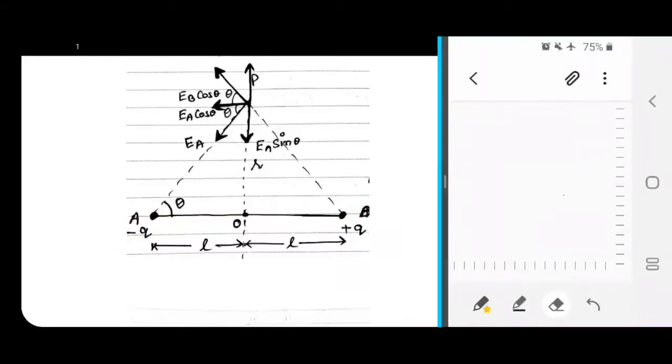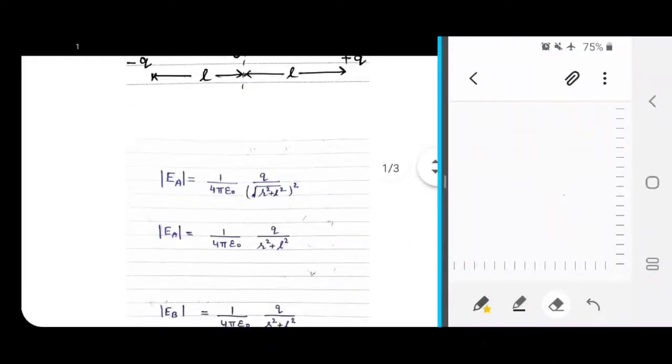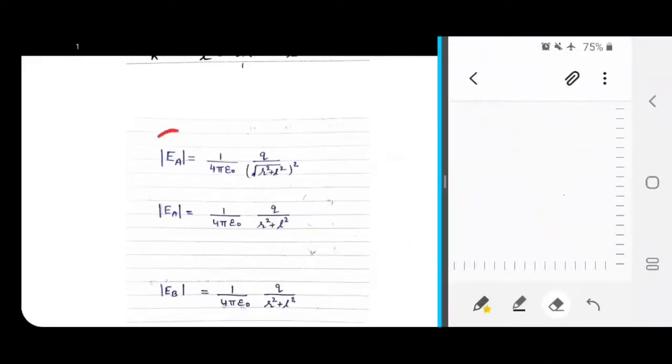As the charges are the same in magnitude, the electric field produced by the charges at the point P will also be the same, because the distances are the same. It is an isosceles triangle.